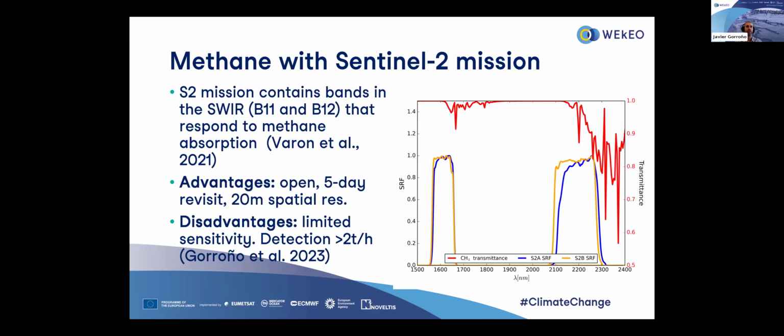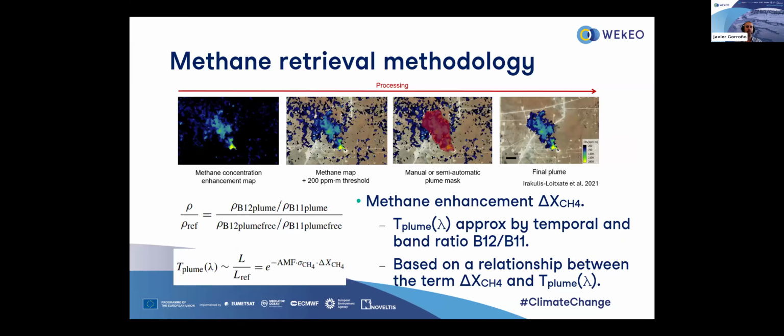So there's a whole methane retrieval methodology that I briefly describe with this graph I show you here, where you start with a methane concentration map that you obtain from the retrieval of the radiance bands. Then you can threshold or filter out the outliers that you can find in the image, and you can create a manual or semi-automatic plume mask.